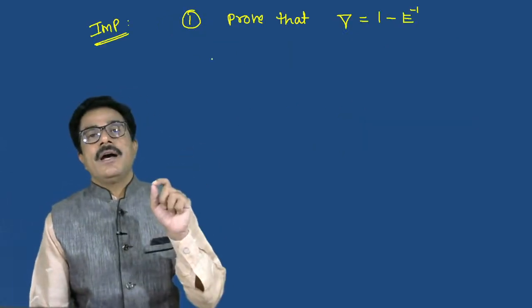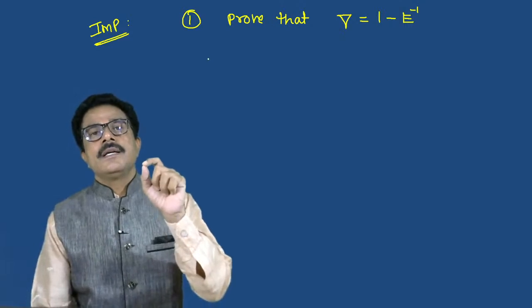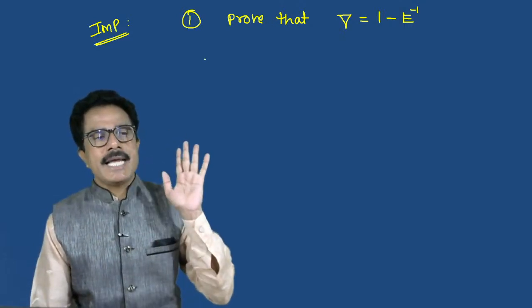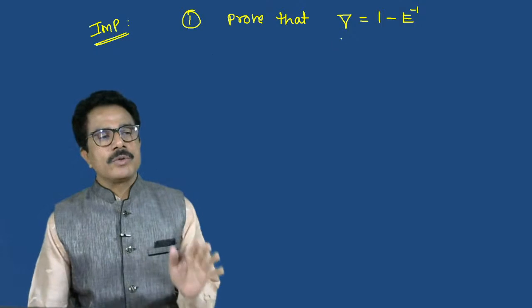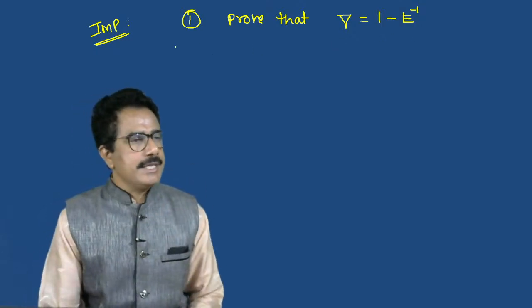As we have already proved, E is equal to 1 plus delta. In this way, we have to prove del is equal to 1 minus E inverse. Proof.